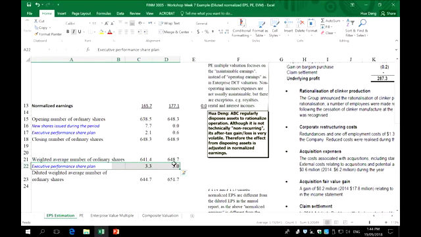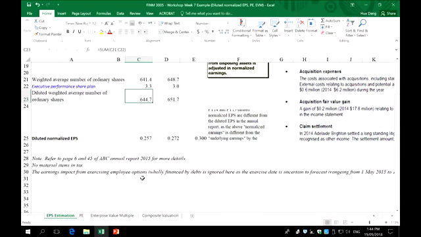You might just use whatever is provided by the management in the dilution effects. Then you have the diluted weighted average number of shares, and to calculate the fully diluted normalized EPS of the company, we use that as the proxy of the maintainable earnings of the company.